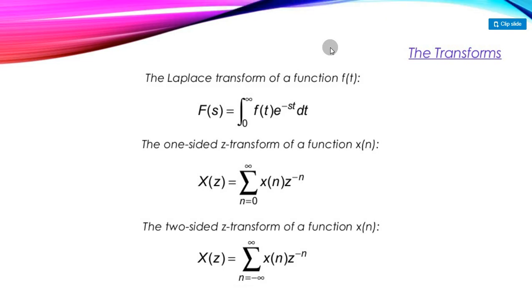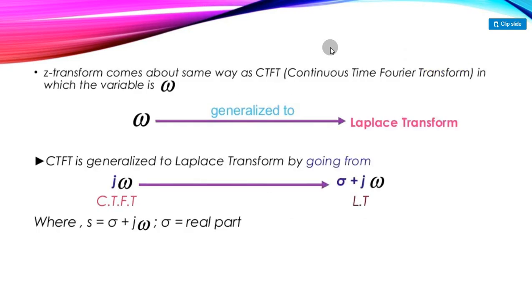So we are going to discuss how the Z transform works. The Z transform comes about the same way as the continuous time Fourier transform, in which the variable is omega. The continuous time Fourier transform is generalized to the Laplace transform by going from j omega to sigma plus j omega.